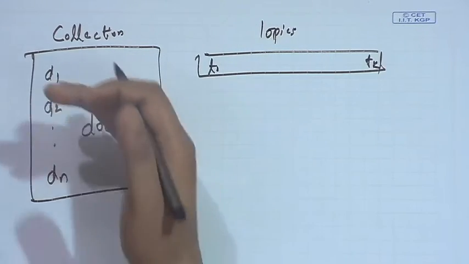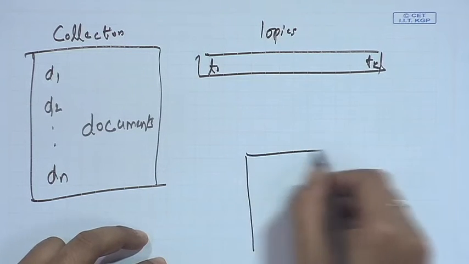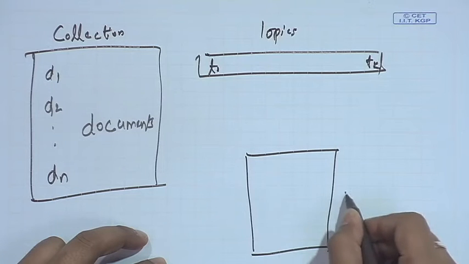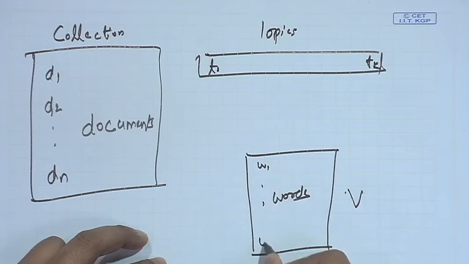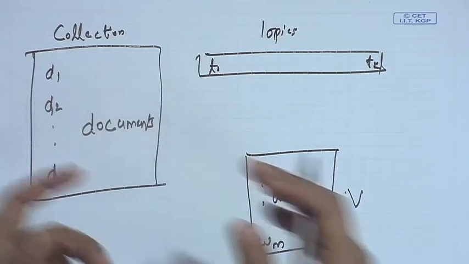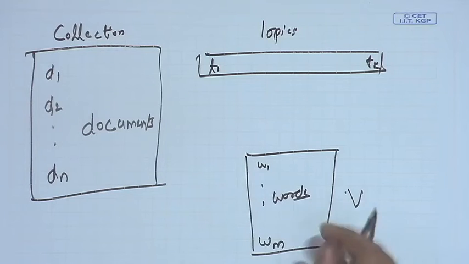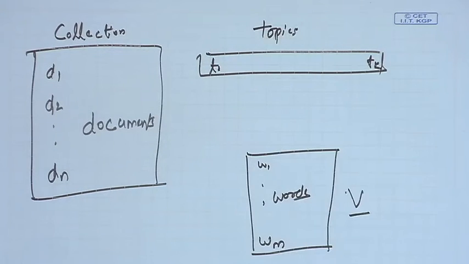In documents, some words will occur, and these are my vocabulary, words W1 to Wm. So these are the three things in the collection: there are documents, some words occur, suppose these are the unique words that define your vocabulary, and there are some topics.